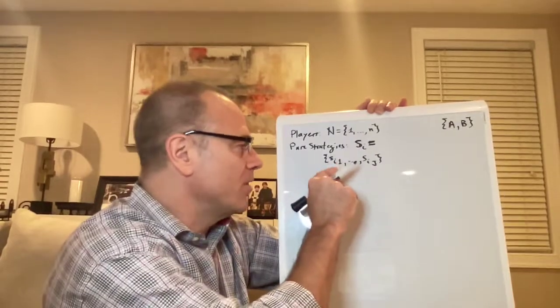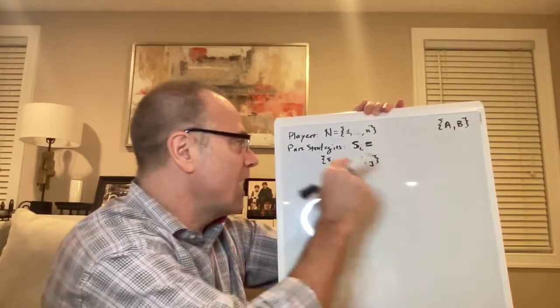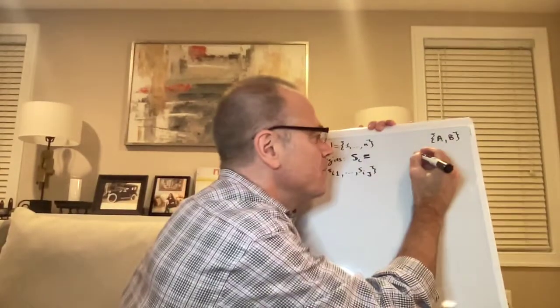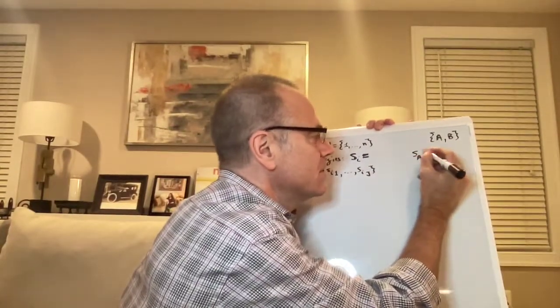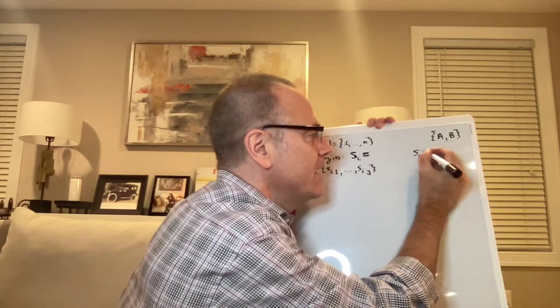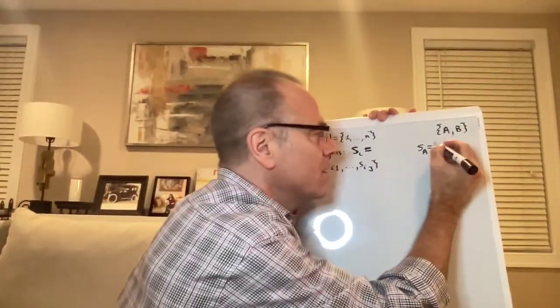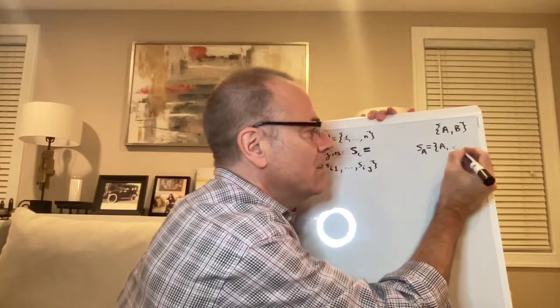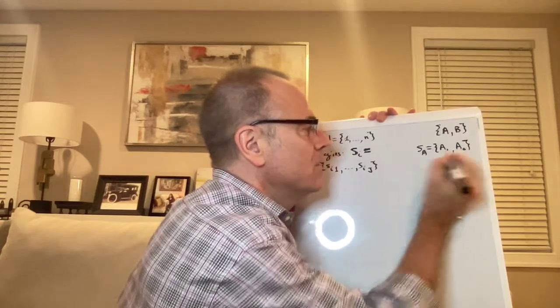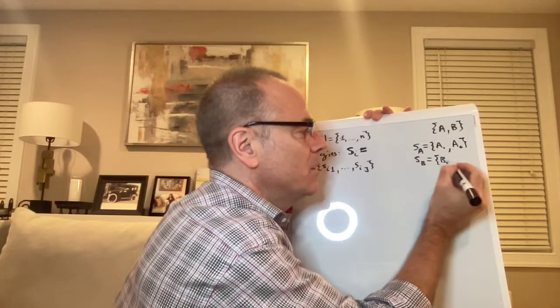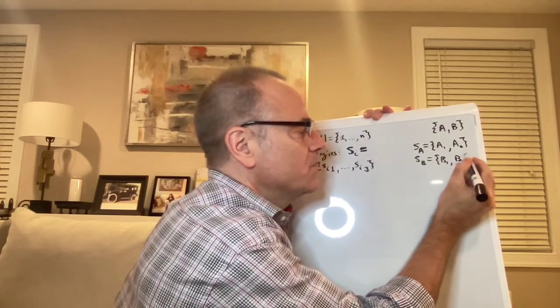So we could call these the possible actions to player I. As subscript A, actions of player A would be A1, A2. Actions of player B equals B1, B2.